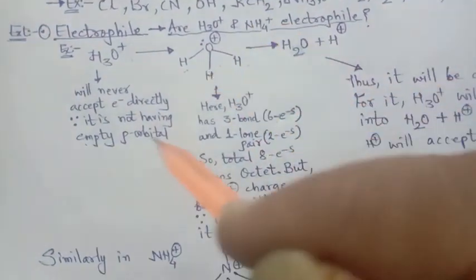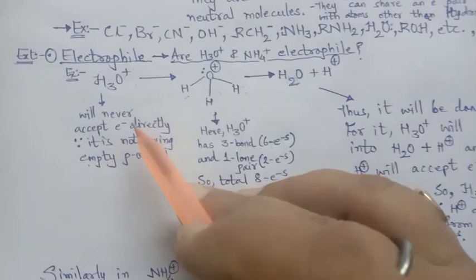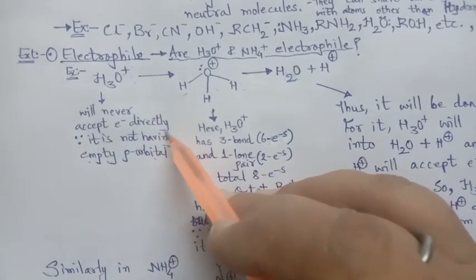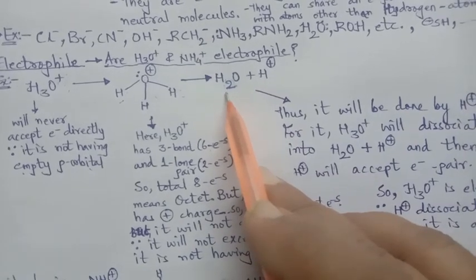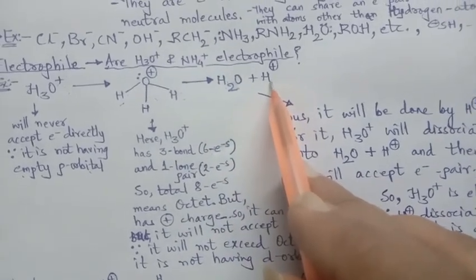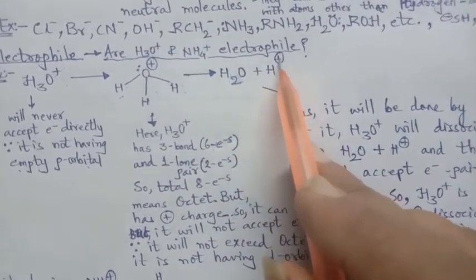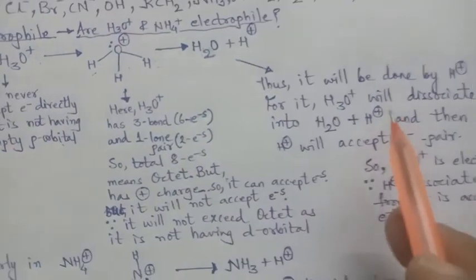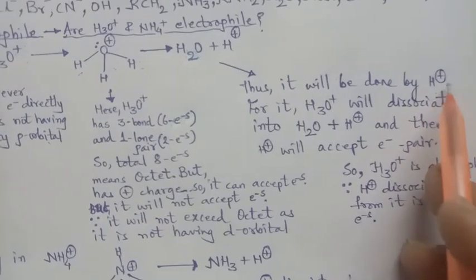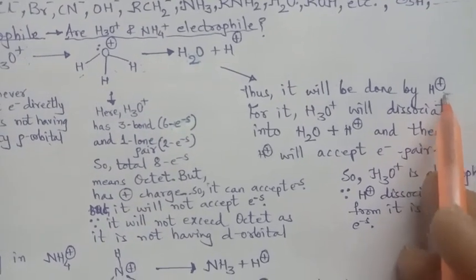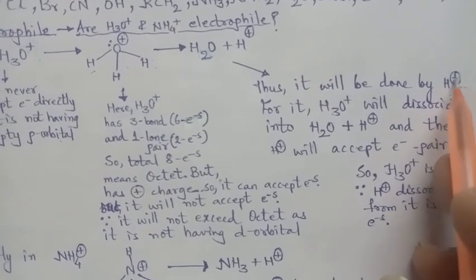So what will it do? As I told, it will not directly accept. It will dissociate into H2O plus H plus, and thus this H takes the positive charge. So the acceptance of the electron will be done by H plus.